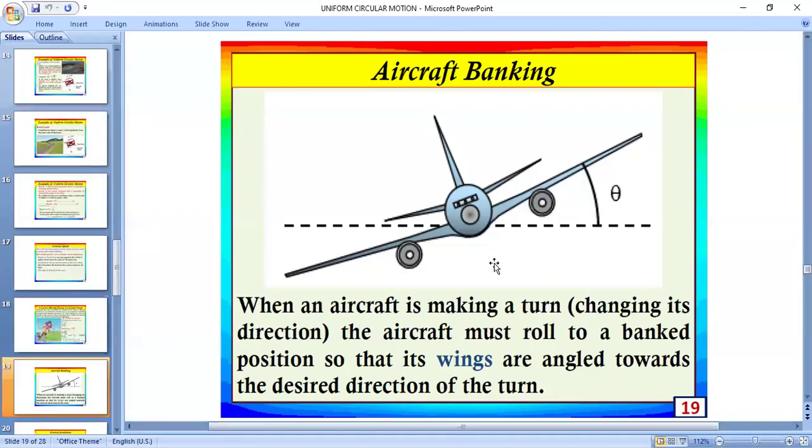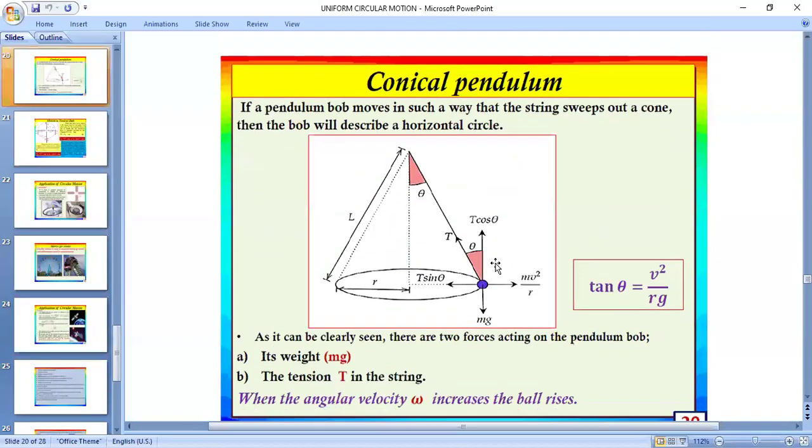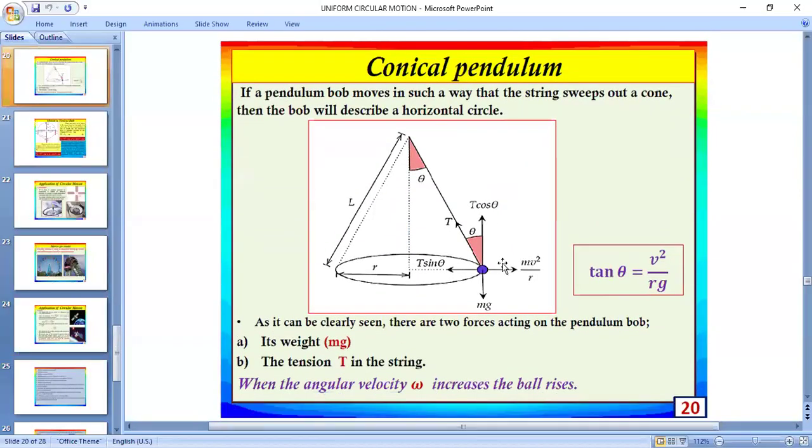Conical pendulum. A conical pendulum is simply a bob tied on a string, then being whirled in a horizontal circle like that, but tied vertically up here. So it makes something like a cone as it's being whirled around here.